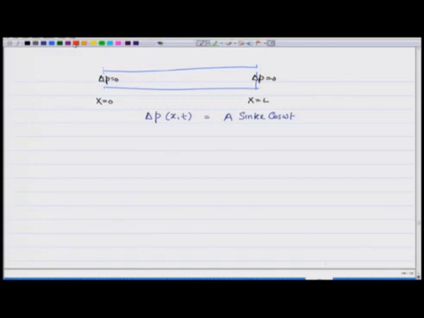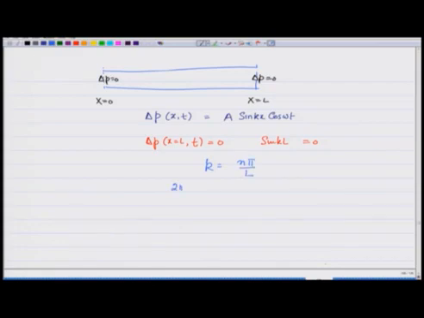What we have deduced just now, because delta p at x equals L at all times is 0, means sine k L at all times is 0. What it means is that k is n pi over L.